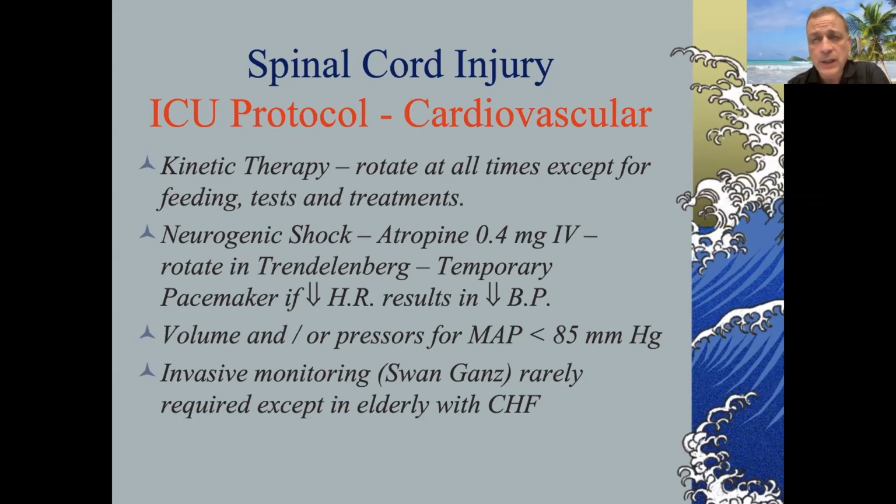Very commonly, they come in hypotensive, and we often have to give them fluids or pressors. And we have level 2 evidence to suggest that keeping the blood pressure MAP at 80 or greater can result in beneficial effects. So we often give them pressors for the first 5 to 7 days post-injury to improve outcomes.